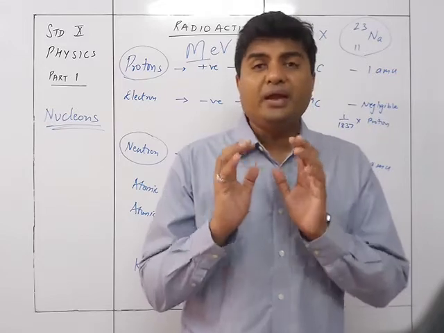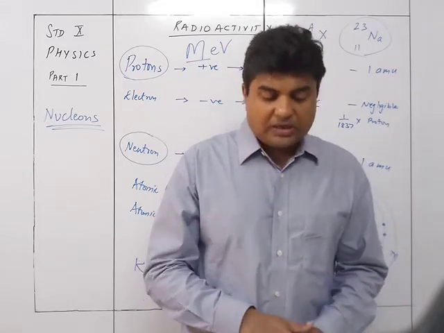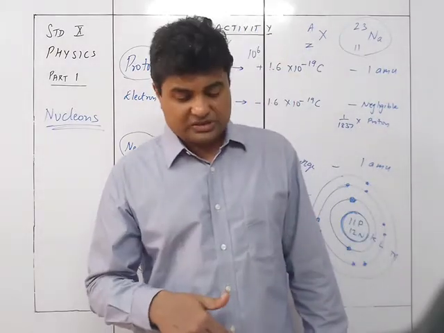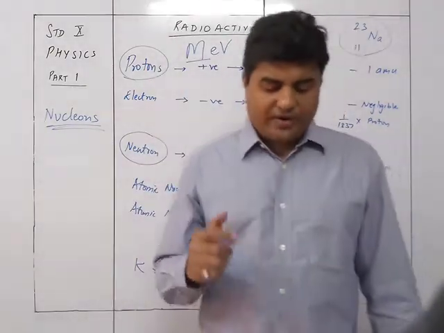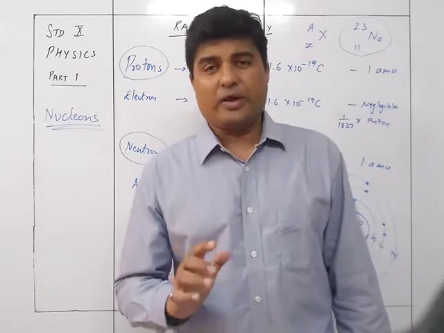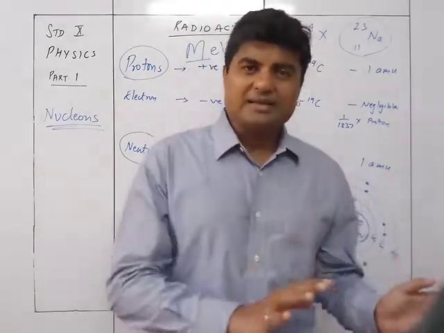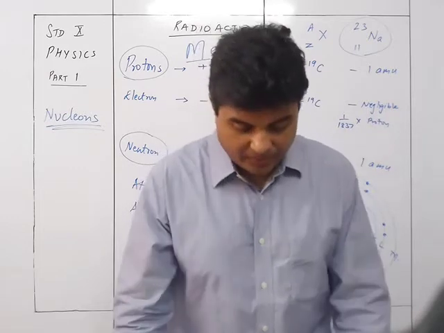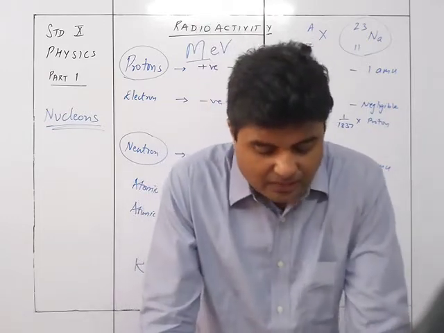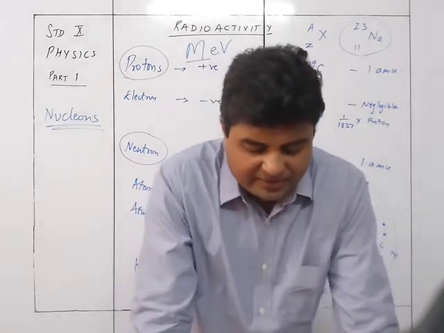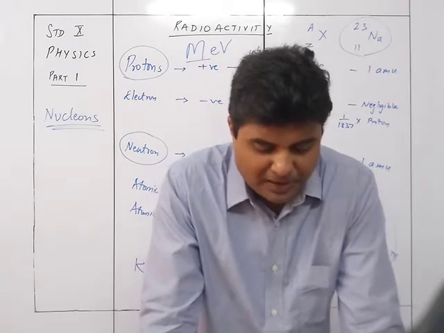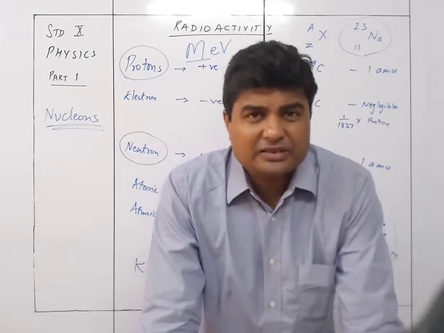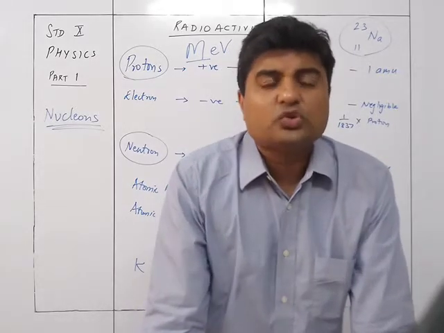The sum of atomic numbers of the reactants is equal to the sum of atomic numbers of the products. Similarly, the sum of mass numbers of the reactants is equal to the sum of mass numbers of the products. So the atomic number and the mass number before and after the reaction remain the same.